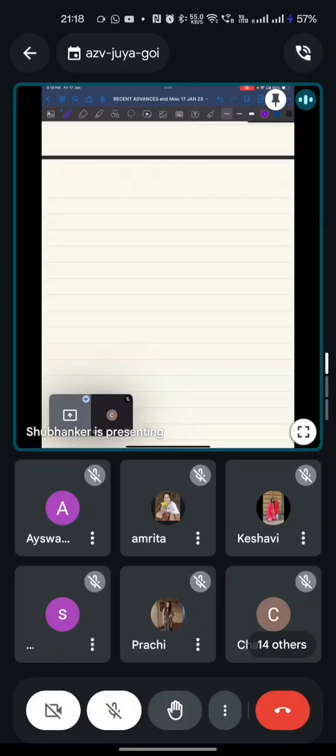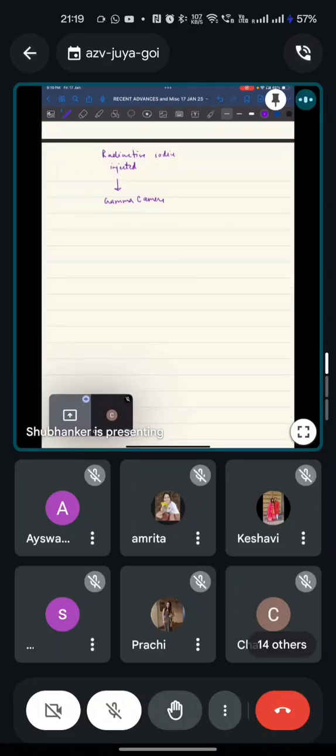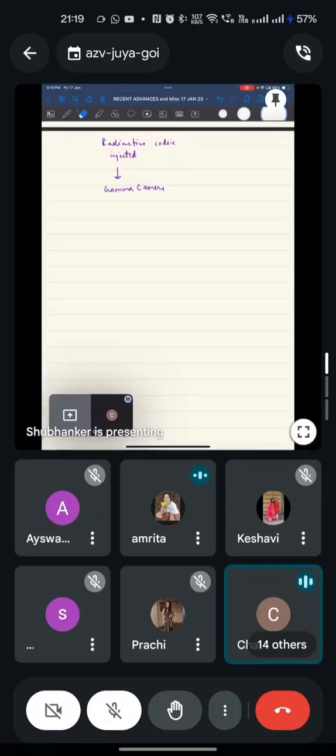So normally what happens basically, radioactive iodine is generally injected. In some places they swallow it also, and it is screened by a gamma camera. Now, can somebody take a try? Which isotope of iodine is used? 131.